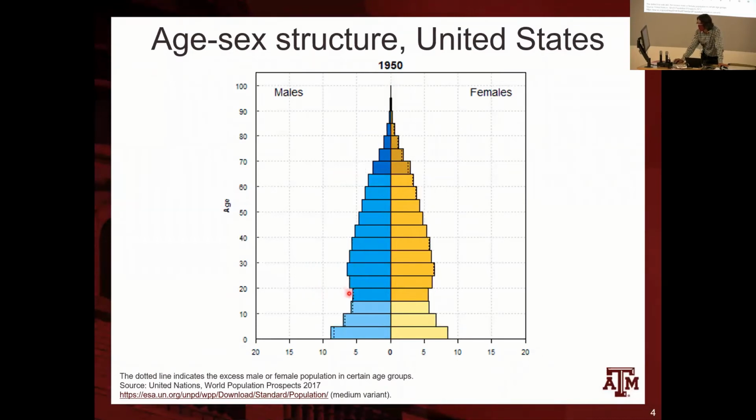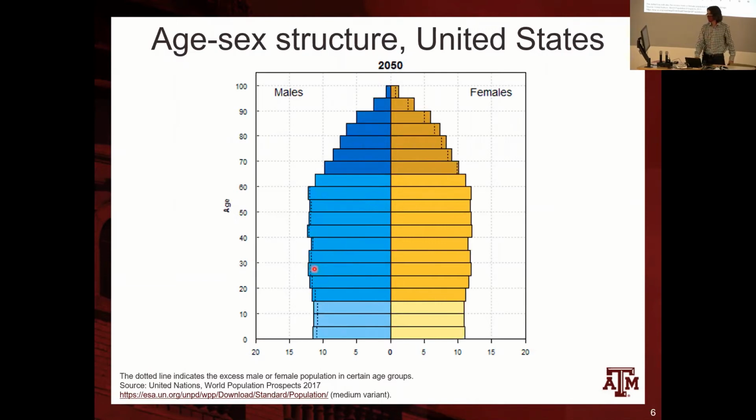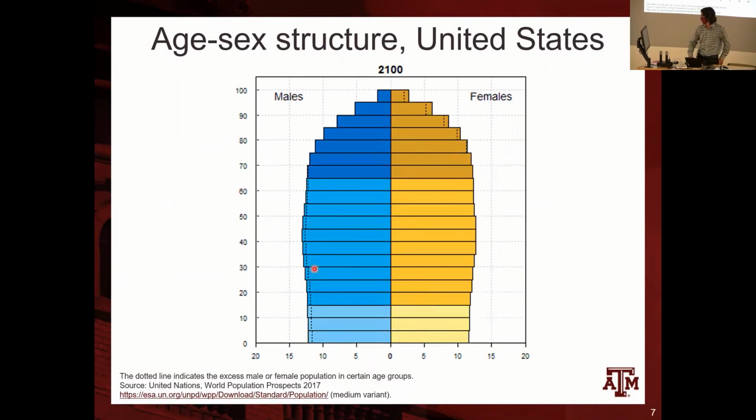These groups were smaller in percentage terms, and then they start to be bigger because people live longer and there are fewer children, so the structure of the population changes. For 2050, that's what is expected, and by 2100, a more rectangular shape of our age-sex structure.